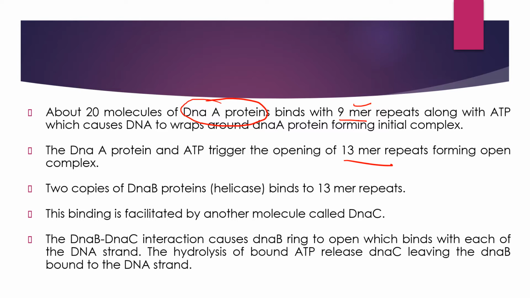Two copies of DnaB protein, which is also called helicase, bind to the 13-mer repeat, which is the open complex. Always remember, DnaB protein is nothing but helicase.